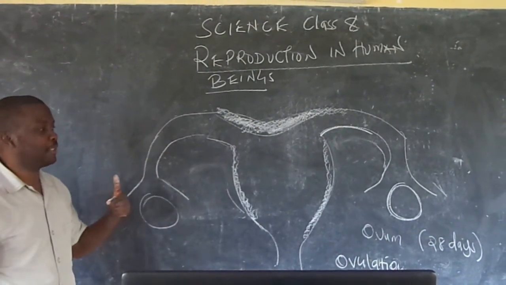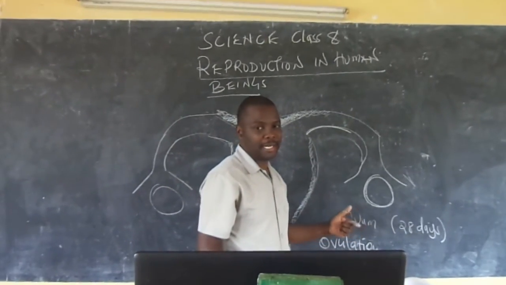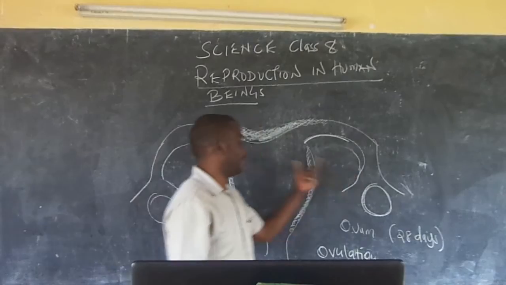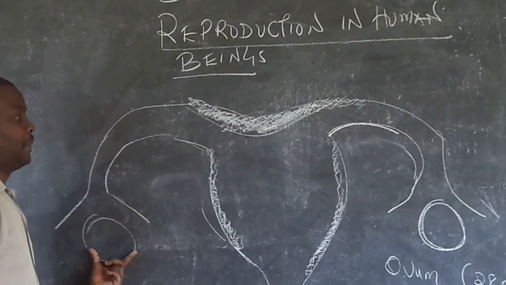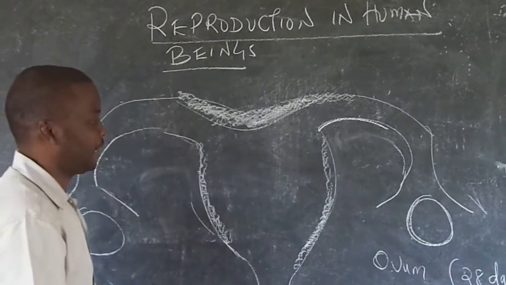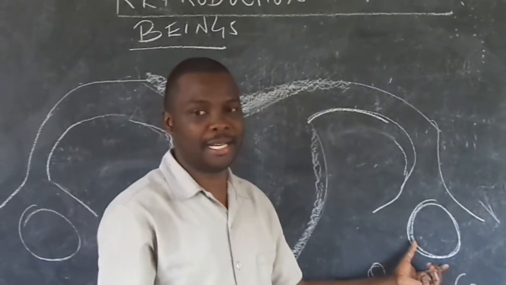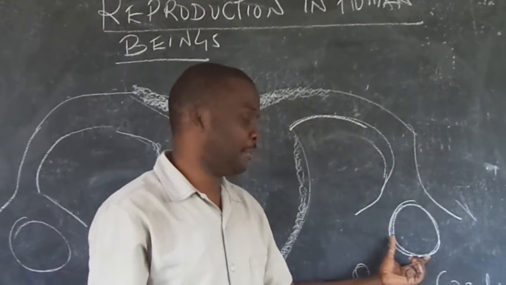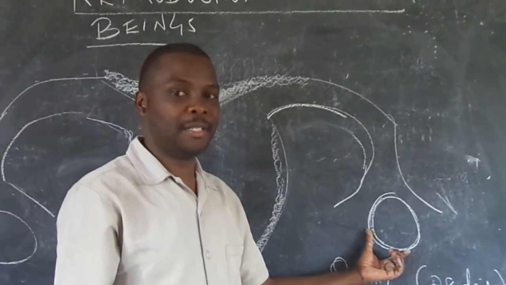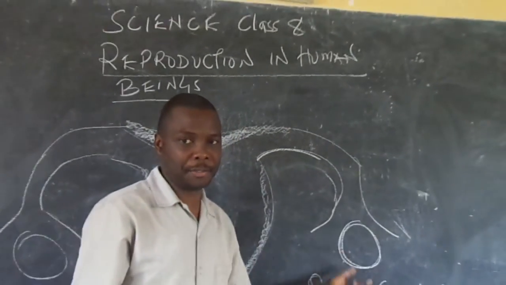It cannot be produced concurrently. So they keep on alternating. If this one produces an ovum, it will take another 56 days for it to produce again.